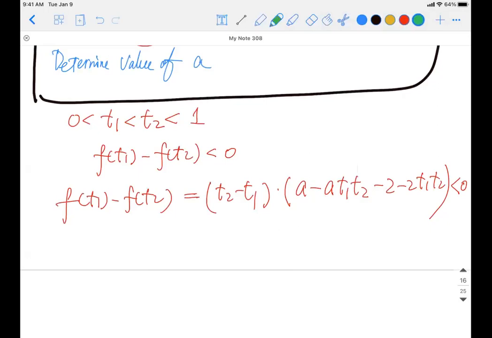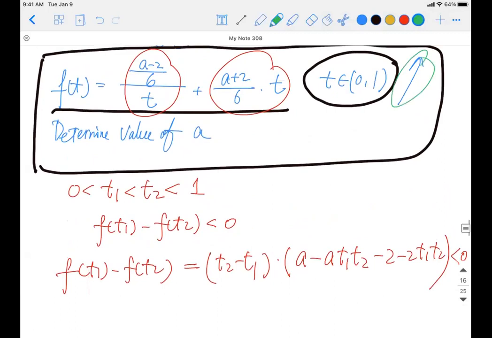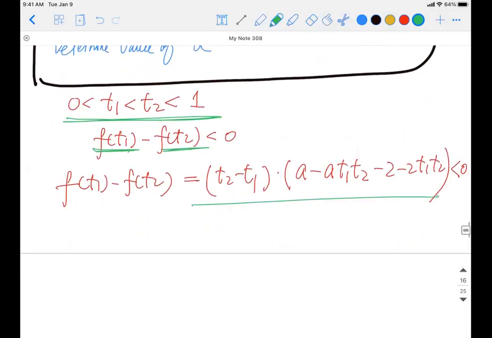According to our definition, if this is an increasing function, I have two values of x, one smaller, one greater. If I do a subtraction, the f of the smaller x will be lesser than the f of the bigger x. AKA, this guy must be lesser than 0. t2 is actually greater than t1, so this guy must be lesser than 0, is that right?